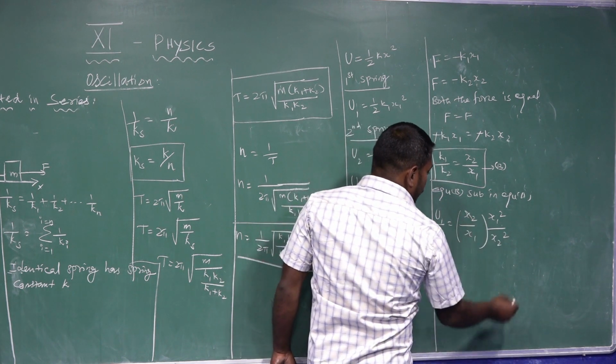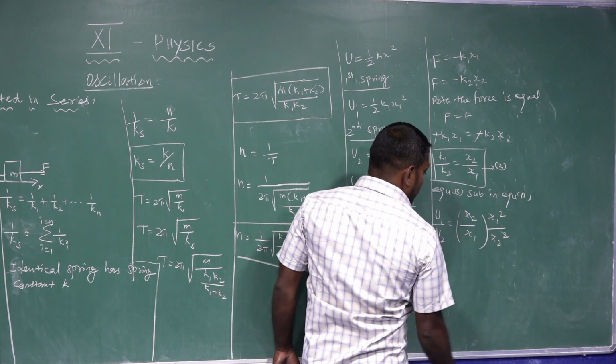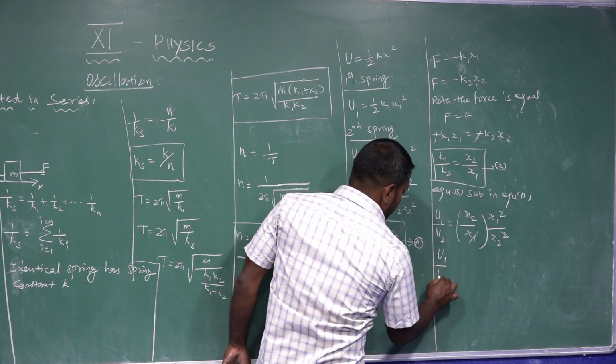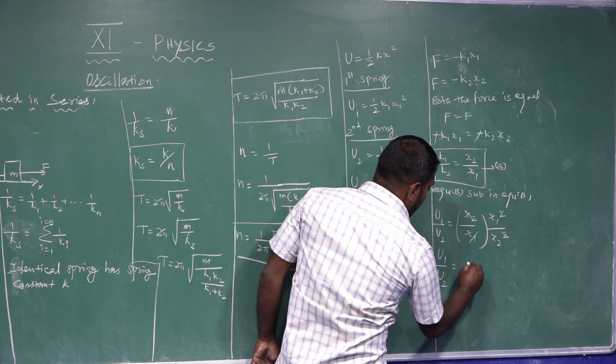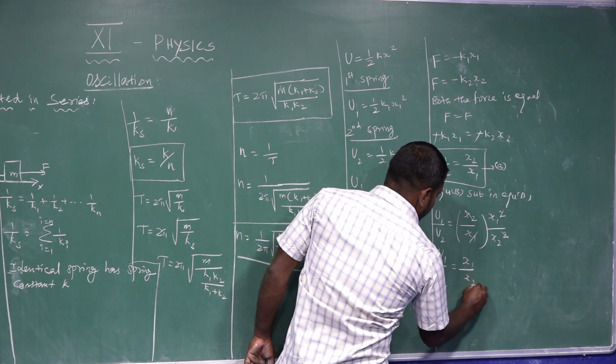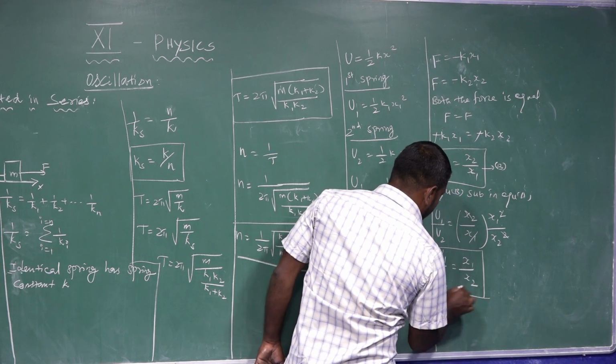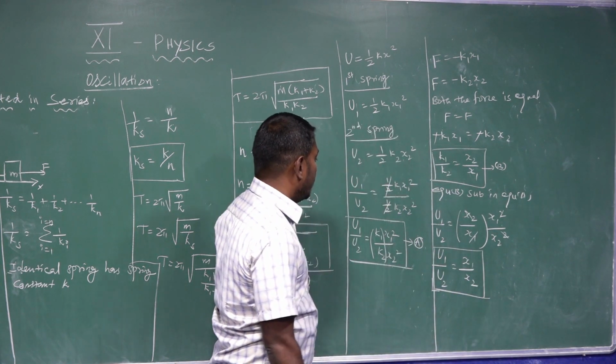So x2 gets cancelled, x1 gets cancelled. Then U1 divided by U2 is equal to x1 divided by x2. This is the ratio of elastic potential energy stored in both the springs.